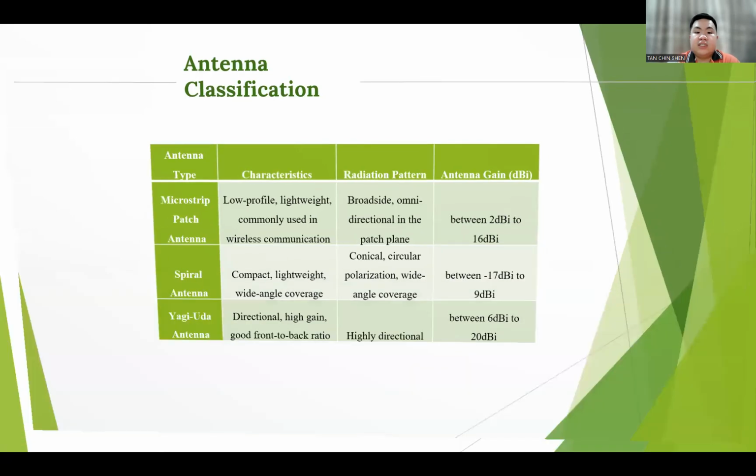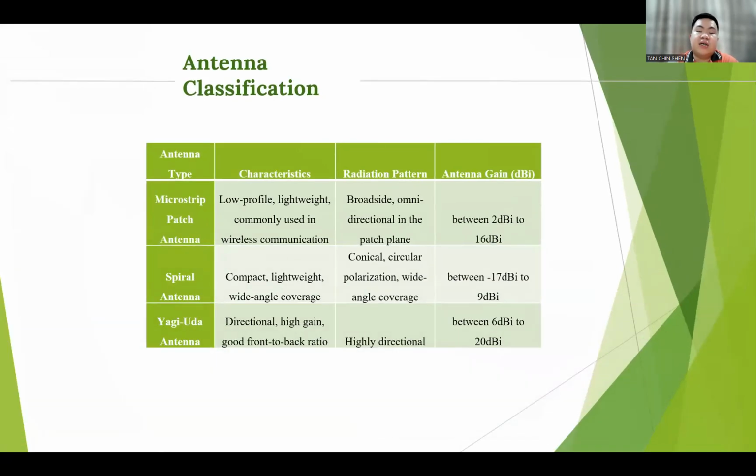This is the comparison table of the characteristics of the three antennas: microstrip patch antenna, spiral antenna, and Yagi-Uda antenna. The characteristics, radiation pattern, and antenna gain are mentioned in the table. The microstrip patch antenna is low profile and lightweight, with an omnidirectional radiation pattern and gain between 2 dB and 16 dB.